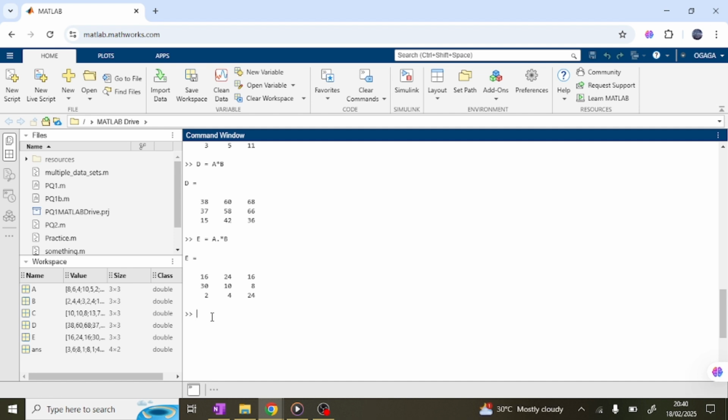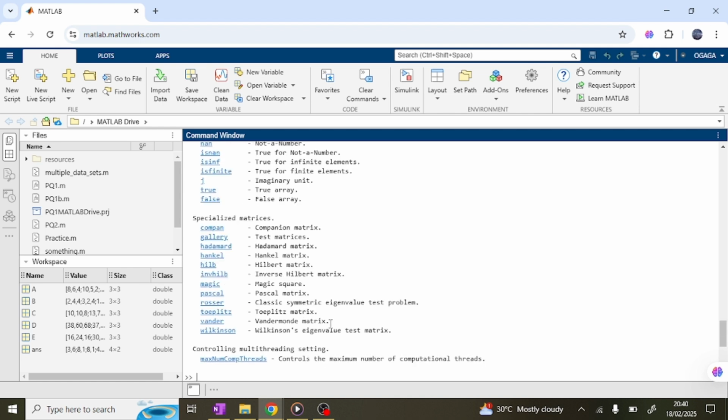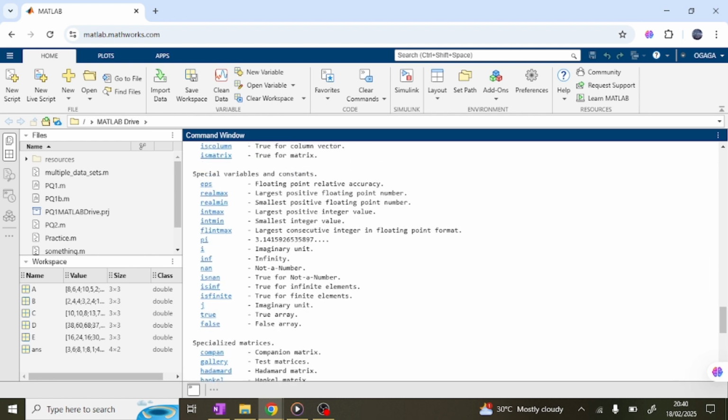And if you need help to know commands in MATLAB, you can simply type help elmat. So elementary matrix commands you need to know, you can type help and you will see them there. Okay, as we work more examples in this series and the playlist, you will see as we make use of the commands, you get used to them.